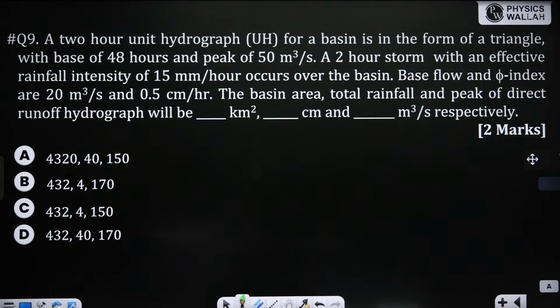I told you two things. Nitish, I am typing your answer.